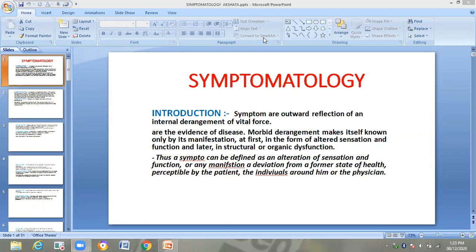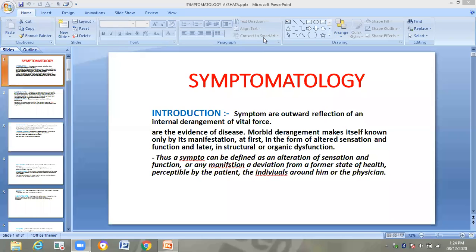But when the vital force gets deranged, when the person moves from the state of health into a state of disease condition, it can furnish the organism with disagreeable sensations and functions.